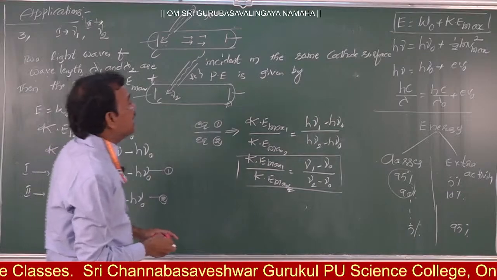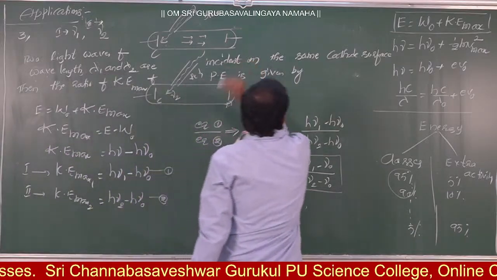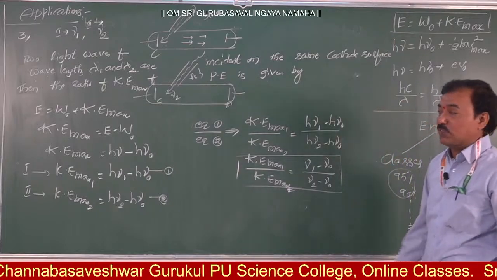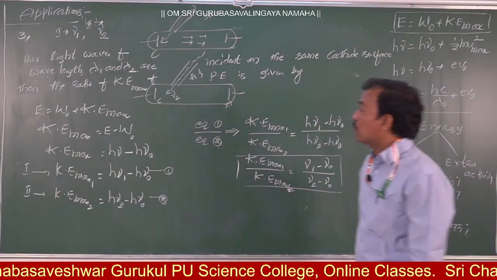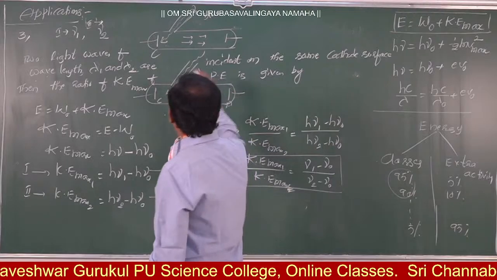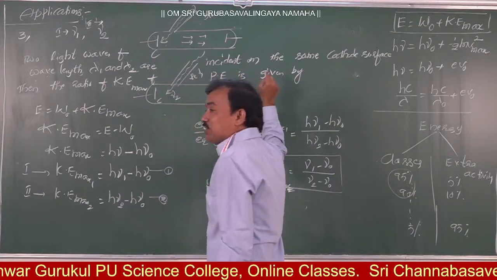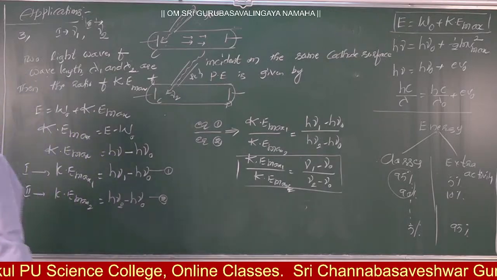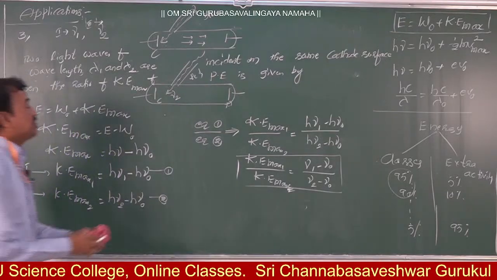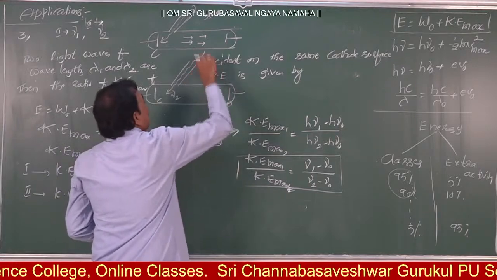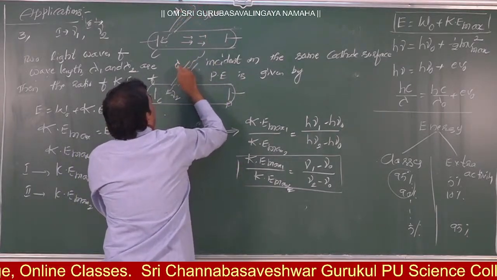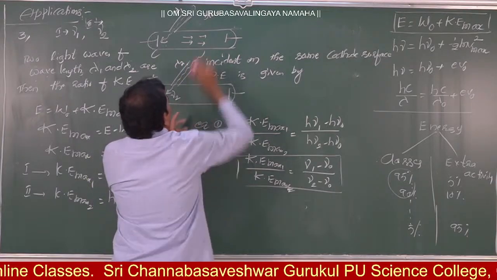Are incident on the same cathode surface, then the ratio of KE max of the photoelectrons is given by. The first light wavelength is lambda 1 and the second is lambda 2.